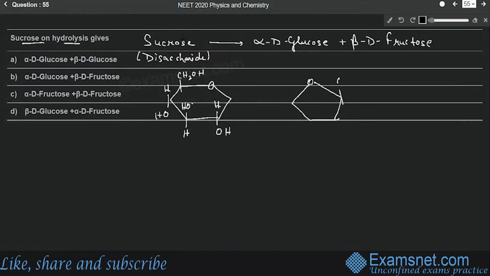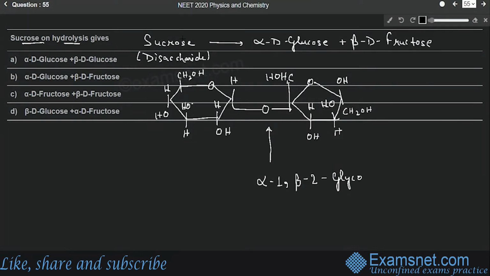Here we have hydroxyl and then CH2OH, hydroxyl, hydrogen, hydrogen, hydroxyl, and here we have CH2OH. This side we have a hydrogen, and these are linked through a glycosidic linkage, and this linkage is known as alpha 1 beta 2 glycosidic linkage.